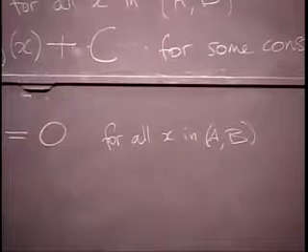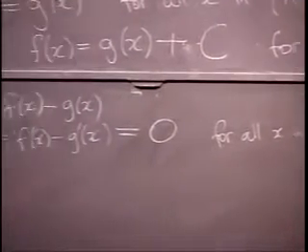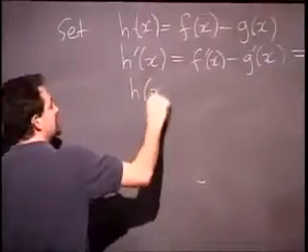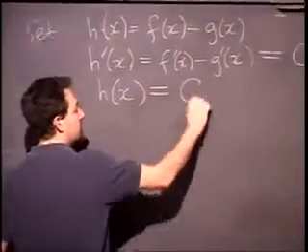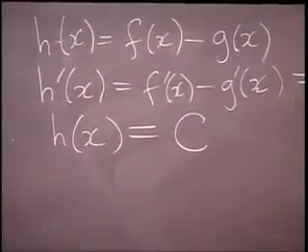All right, so if the derivative of h is always 0, what can we say about h? It must be constant. Yes, horizontal, constant. H of x is a constant, which I'm going to call c. It's just a flat horizontal line at some height c.